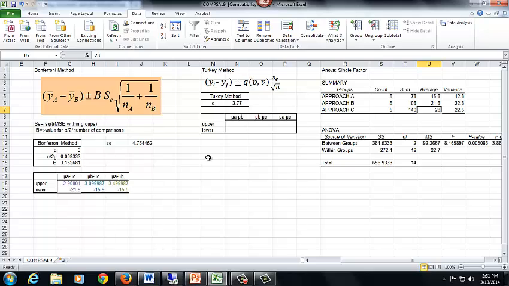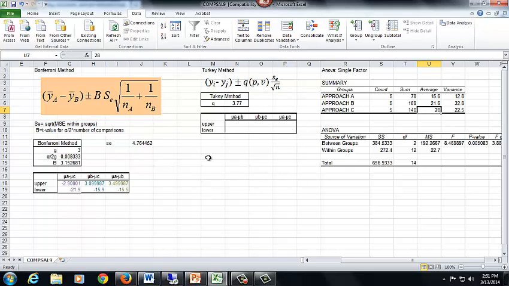This Q is the studentized range. It can be found in table 9B in the back of your textbook. I'll also provide a link to an online version, and you'll have a copy of it printed out for you.